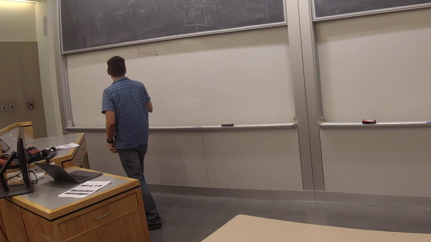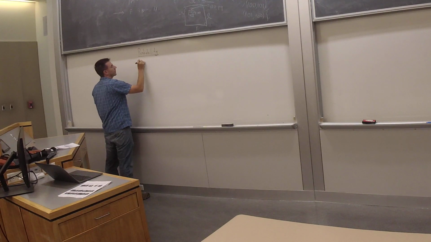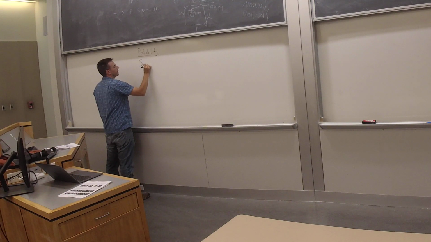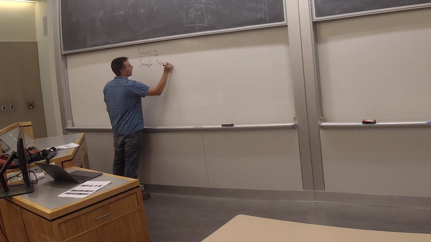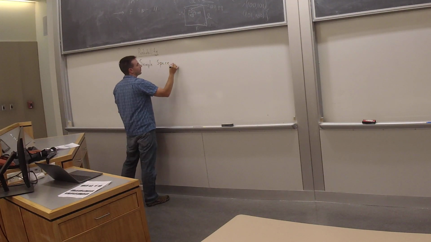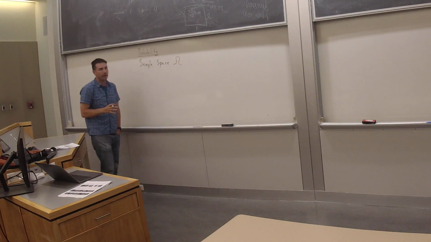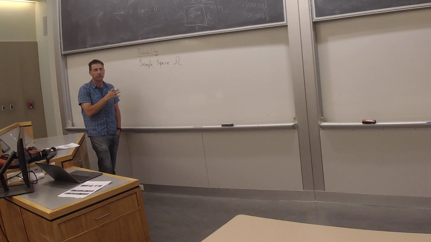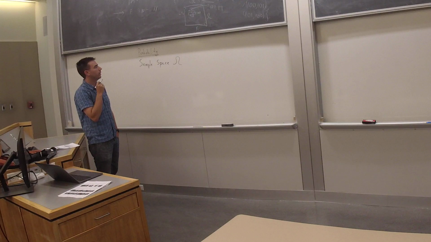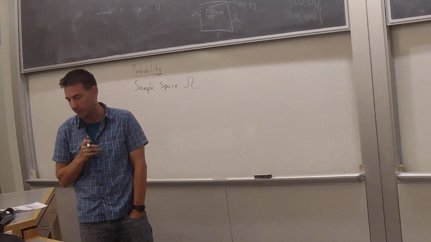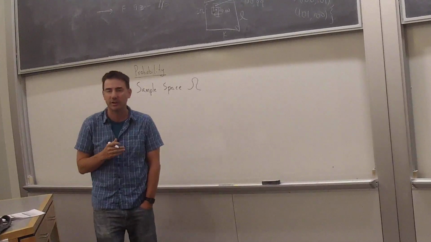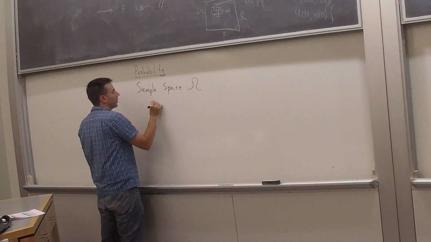All right, so the first key concept that we need is what's called a sample space, and we'll use the uppercase Greek letter omega to denote this. This is the space of possible outcomes.